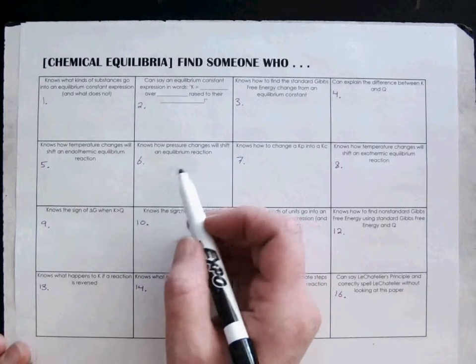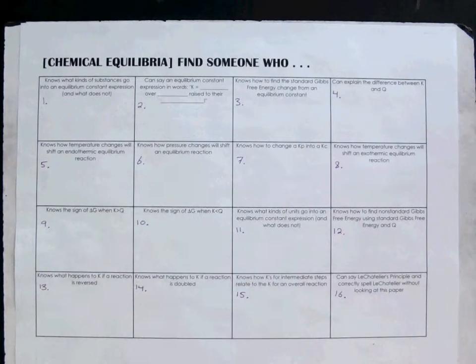Number 6 says, who knows how pressure changes will shift an equilibrium reaction? And we did this in class. If you increase the pressure on an equilibrium system, you are squashing it. It will shift to whichever side has fewer moles of gas. Only the gases count and only their coefficients count.